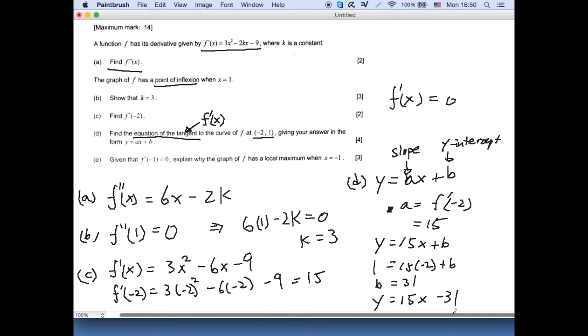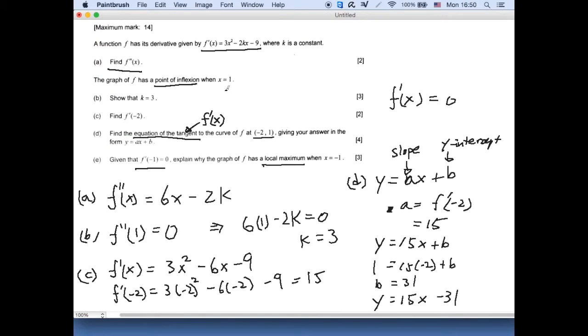Okay, so for the last question, we are told by the question that f prime negative 1 equals 0, which means this is a maximum or minimum, but then the question requires us to explain why it is a local maximum.